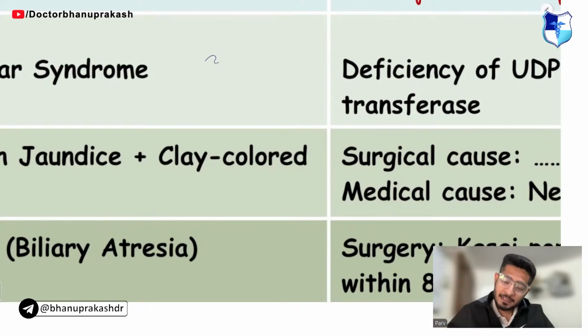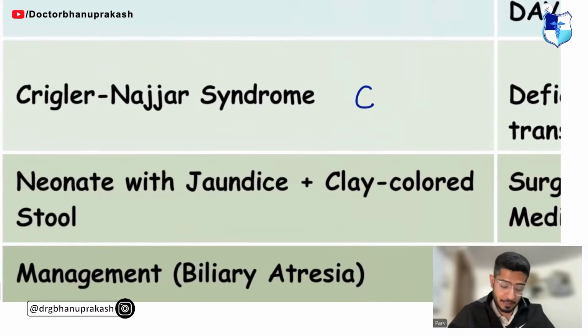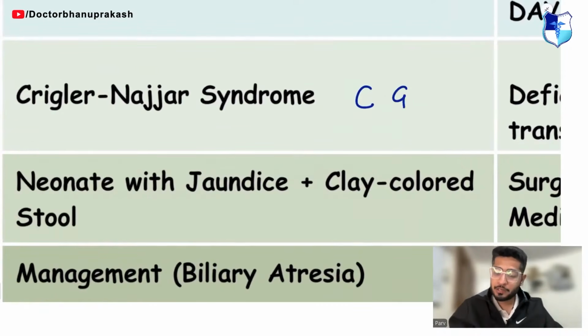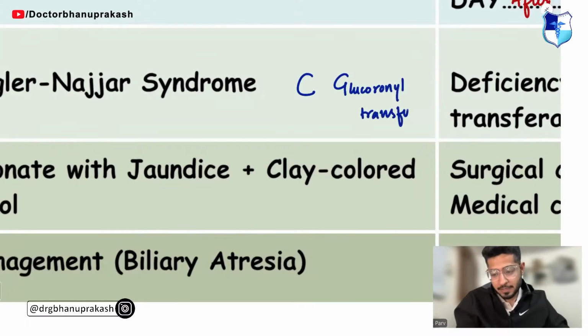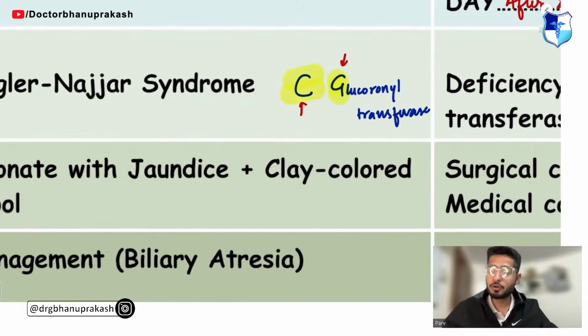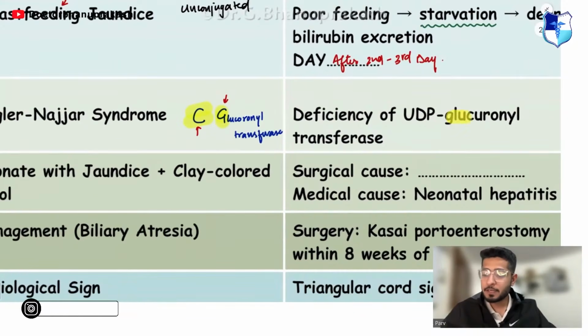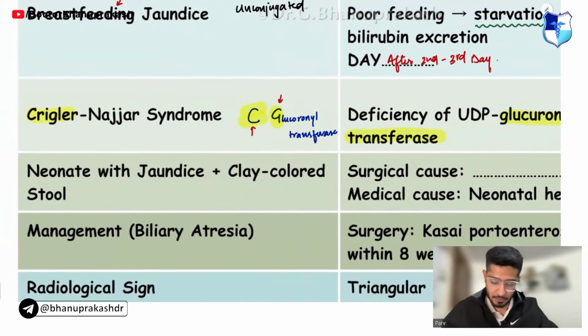See, C for Crigler-Najjar syndrome, and glucuronyl transferase starts from the letter G. My dear students, this C and this G look very similar. So C for Crigler-Najjar, G for glucuronide transferase. UDP glucuronide transferase is absent in Crigler-Najjar syndrome.